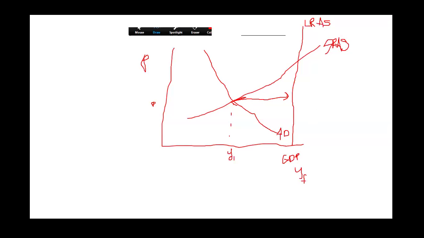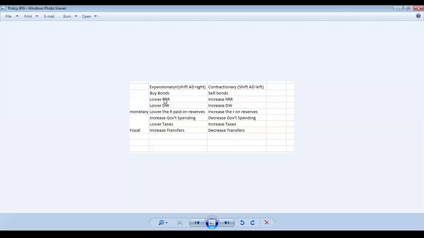Because if we go back to what we had before on our policies, because we are in a recessionary gap, we want to shift the aggregate demand curve to the right. We are in a recession, therefore we want to practice expansionary measures. We can either do monetary expansionary policy or we can do fiscal expansionary policy. Remember, monetary policy is controlled and dictated by the Federal Reserve Bank. Fiscal policy is more like taxing and spending.